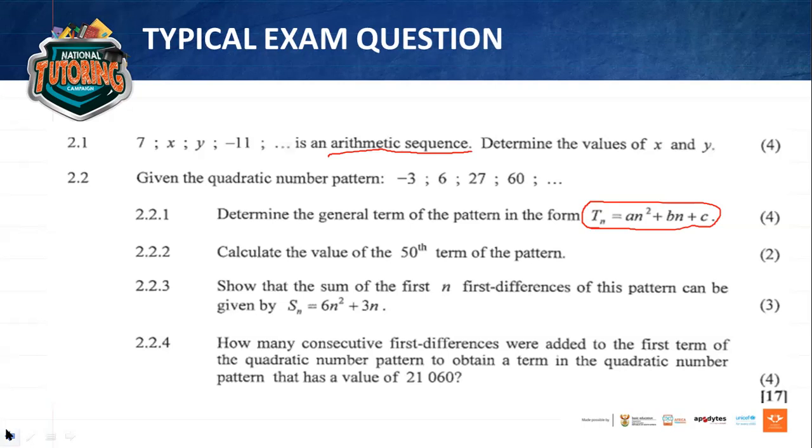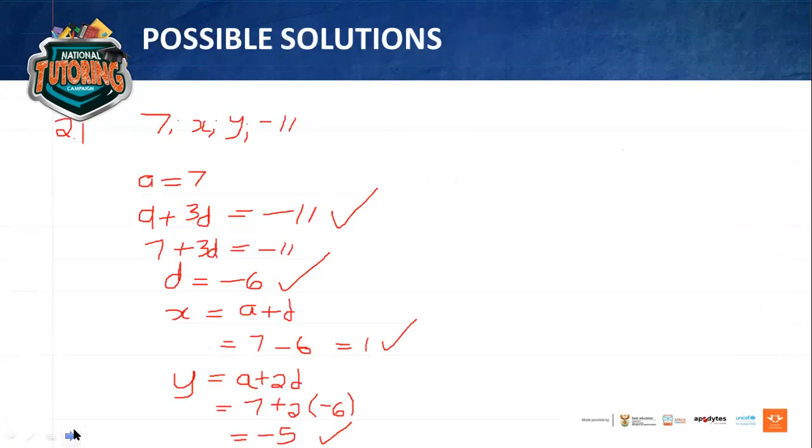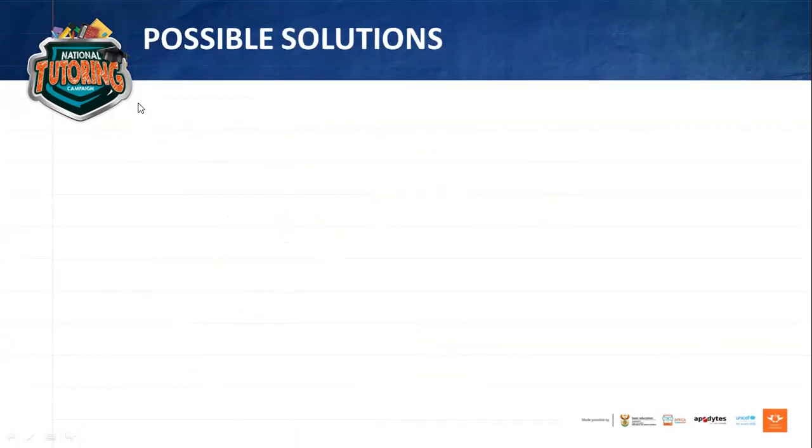Then when we see n, we now substitute 50. So that is our 2.2.2.